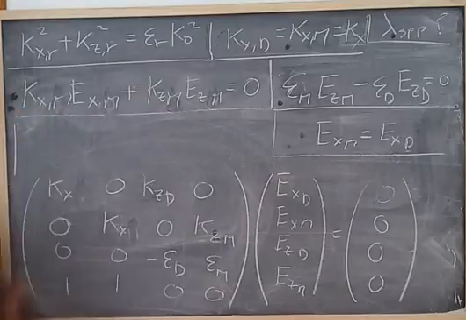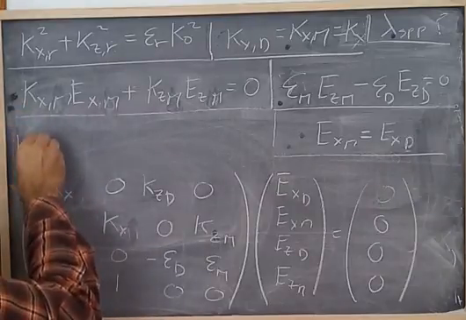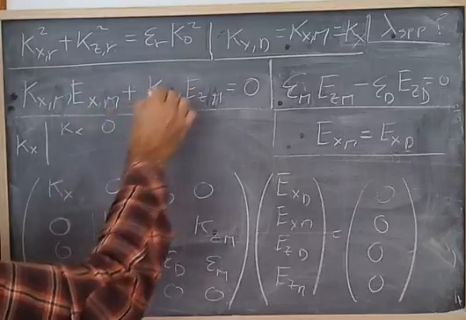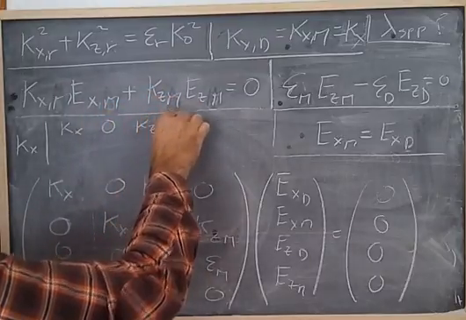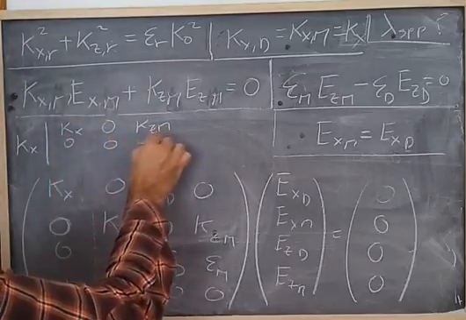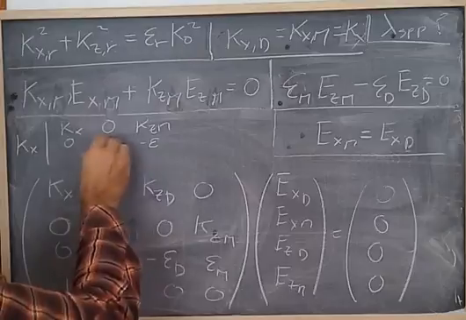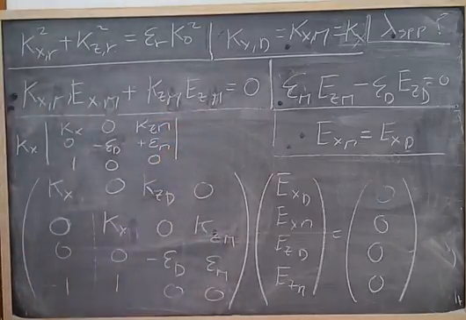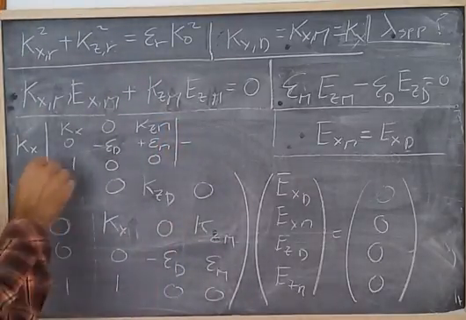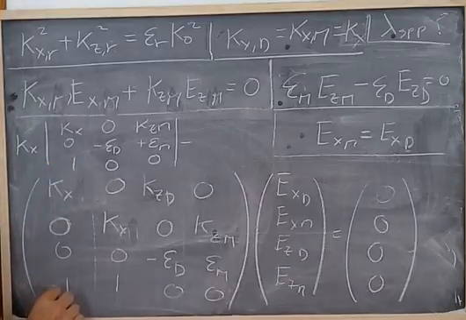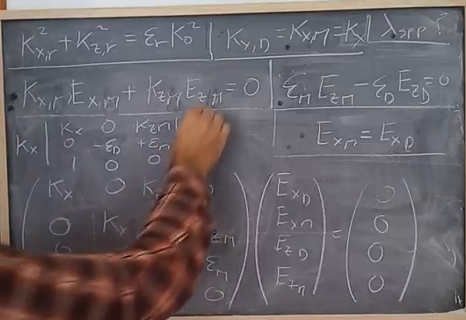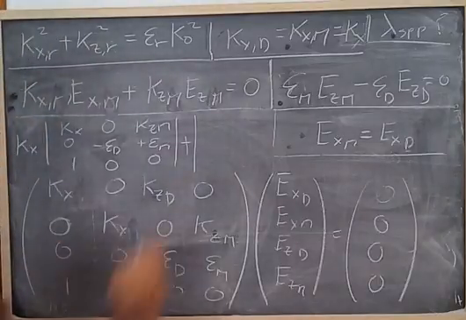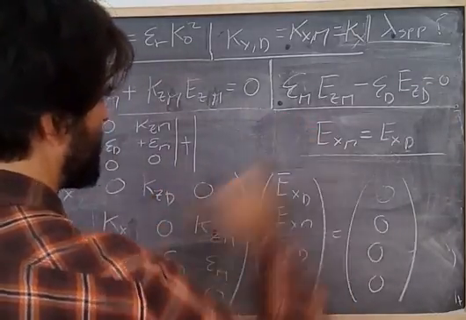I have Kx, multiplying this, Kx 0, Kz, 0, 0, minus epsilon d plus epsilon m, 1, 0, 0.